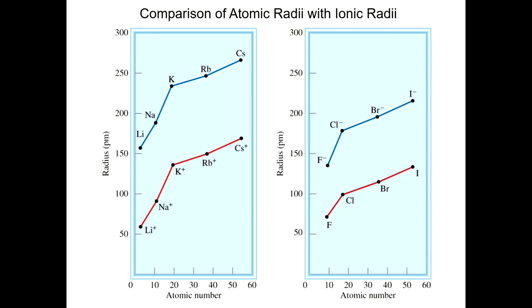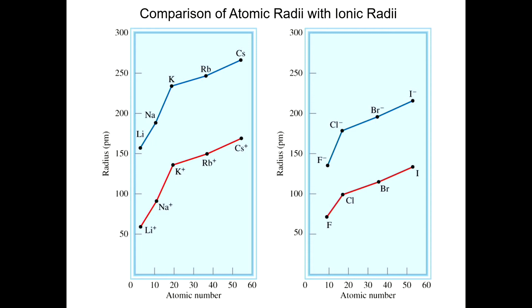Okay. So this is a neutral element. The atomic radii means that they are neutral, okay? But we know the elements may gain or lose electrons to form more stable ions.